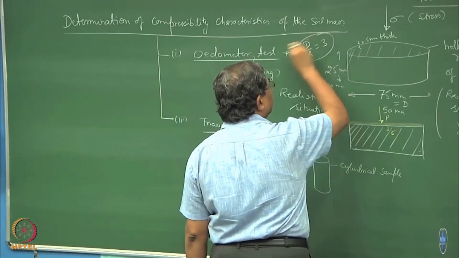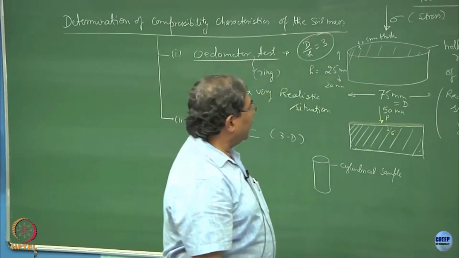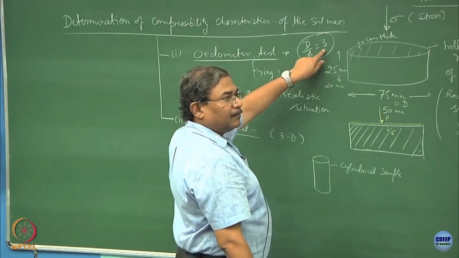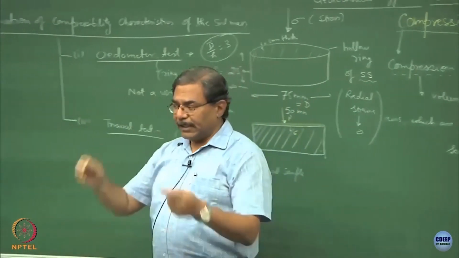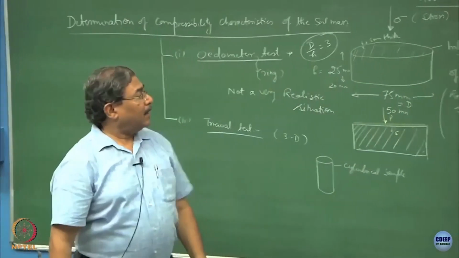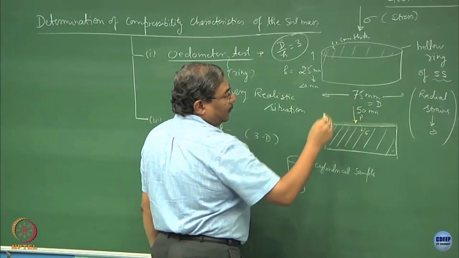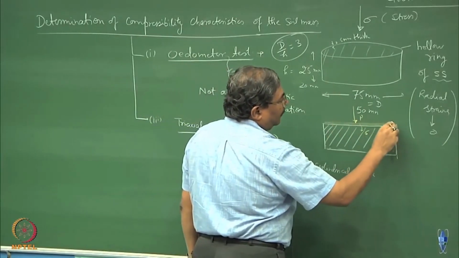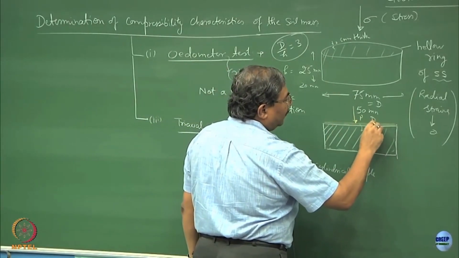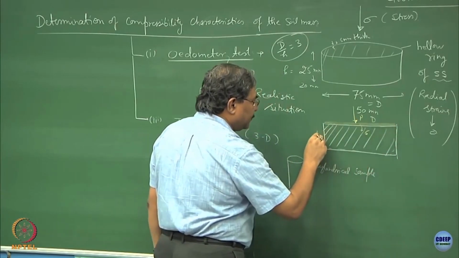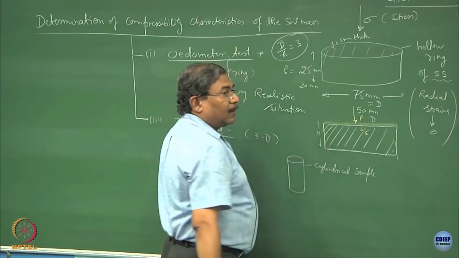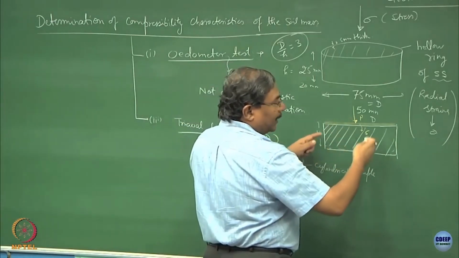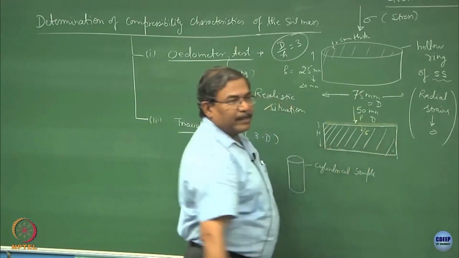This is what the typical situation is, and I hope you can realize why d by h is kept as 3, because in the previous lecture when we were talking about the stress which is getting induced into the soil mass, when your dimension of the loaded area is 3 times the height of the sample, all the stress bulbs which are going to get confined into the sample would be 99%.